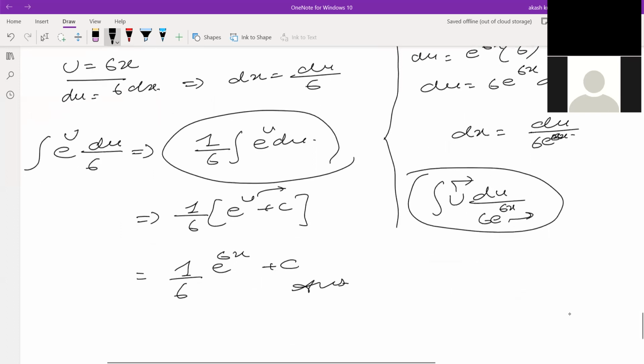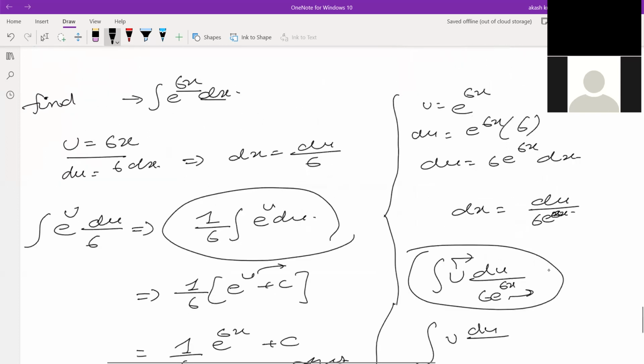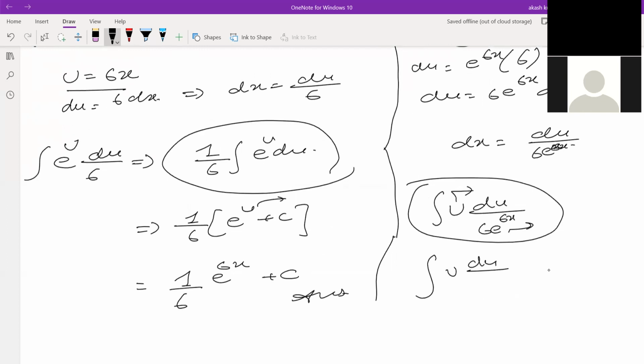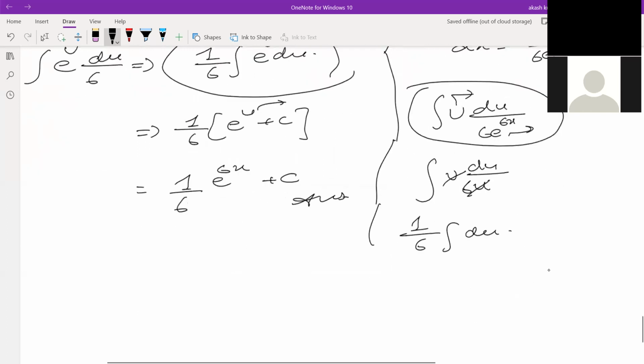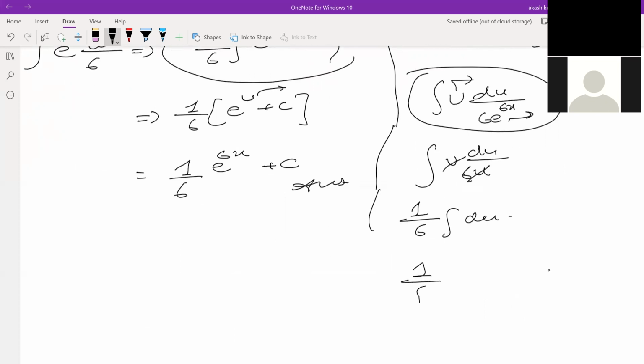Even if we want, we can apply it, but that's going to be more complicated. Instead of e^(6x), I write u over 6u. The u cancels out, and taking 1 over 6 outside, inside is left only du, and we know the integral of du is u plus c.